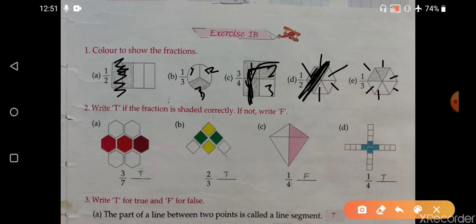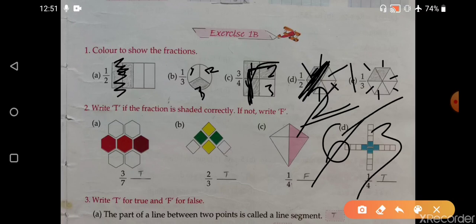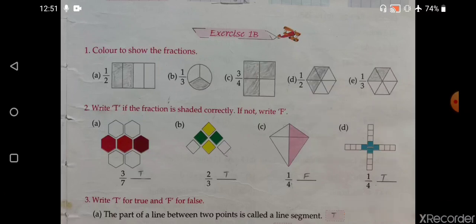They are asking us to color 1 upon 3. So the total number is 6, and coloring one third of it means we'll cover 2 parts. So we just have to color 2 quadrants like I have done. I hope it is clear.